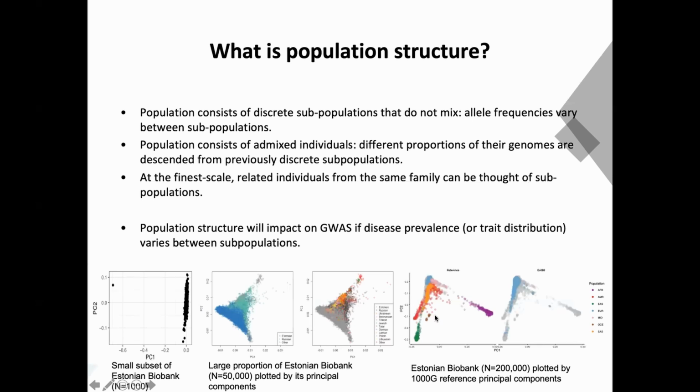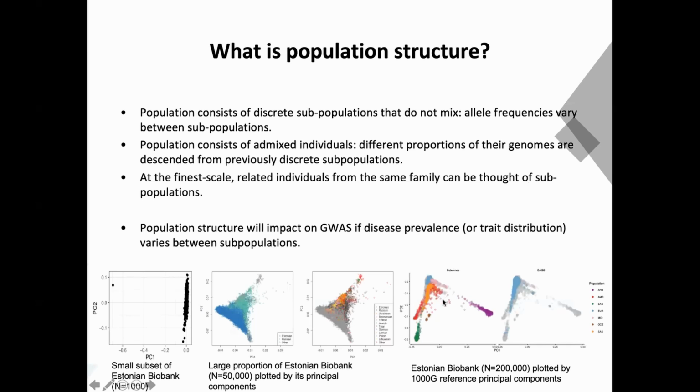Thirdly, we have a plot where we have used Estonian data with a lot of different references. For example, here we have created principal components based on all major ethnic groups: Europeans, Asians, and Africans.